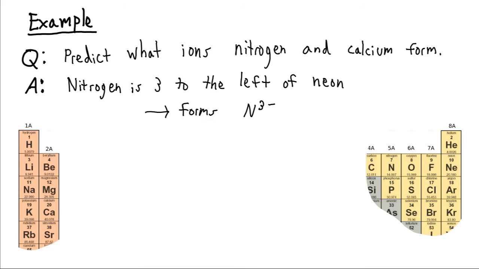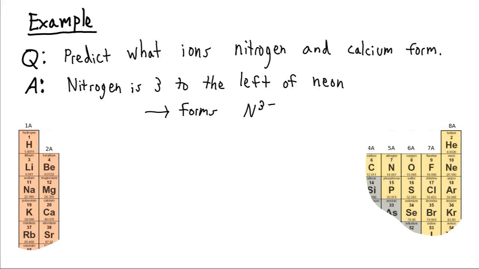Looking at our periodic table, we find nitrogen over here in group 5A. So it's 1, 2, 3 to the left of neon, which means that it can pick up 3 electrons to get that preferred neon electron structure. So it picks up 3 electrons, that's going to give it a -3 charge. The way that we'll write that is using its elemental symbol N, 3-.